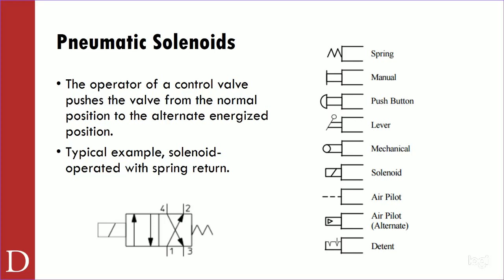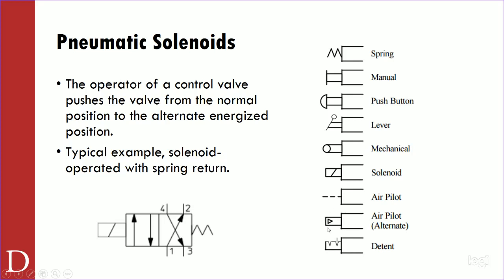Something electrically is going to turn on that coil like a relay. In a relay, the coil is a magnet and then the contacts are closed. In a solenoid, the coil is still like a magnet, but what it's doing is changing the position of the valve. Then you can see air pilot: you've got air controlling air. That's possible.